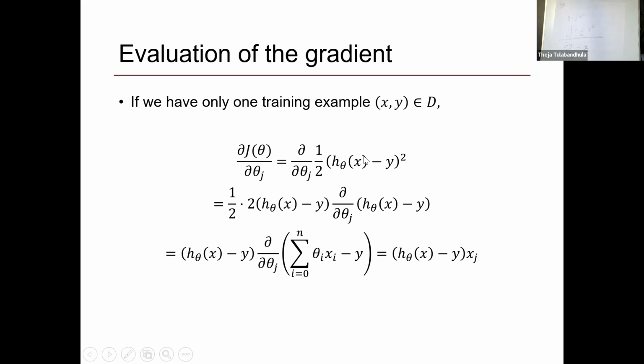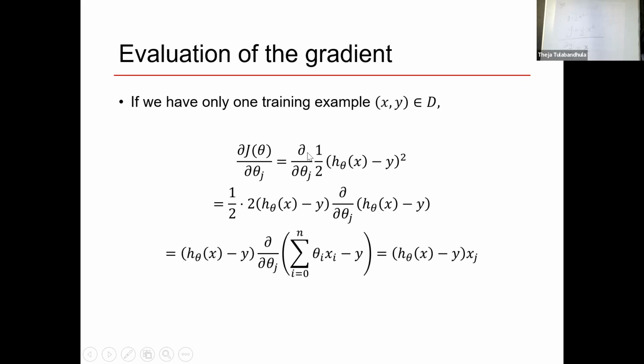Now we did this for only one training example. Imagine if there were all the m training examples, all the 100 training examples. What would happen is there would be a summation over m that will still be there at the output, because every term will look like this.